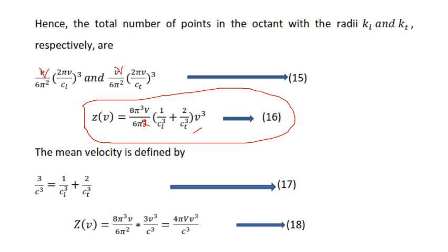Therefore, equation 16 becomes Z(ν) equal to 8π³V divided by 6π², and instead of the bracket you put 3/c³. Solving this, Z(ν) equals 4πVν³/c³. This is the total number of points in the octant.